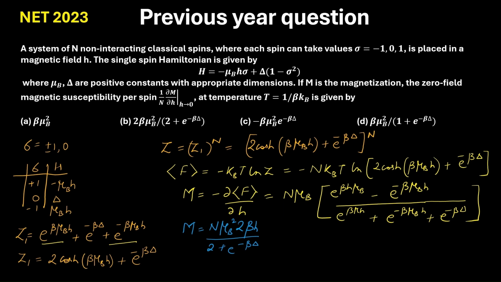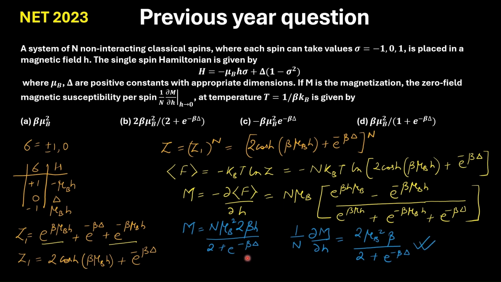Okay, so then they're asking 1 by N del M by del H. If you differentiate this term, finally you'll get mu_B squared beta divided by [2 plus e to the power minus beta delta]. So this is the answer.